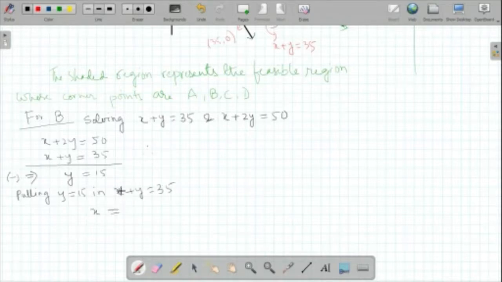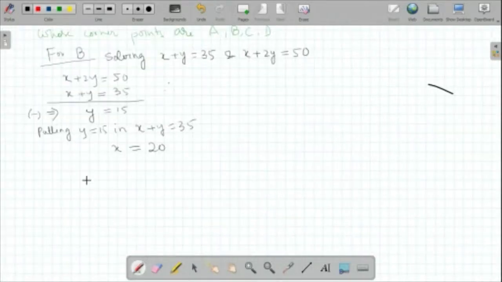What is x then? x will be 35 minus 15, which is 20. So x is 20, y equals 15. That means what is our B? B is (20, 15). Right, now the next point, that is point C.